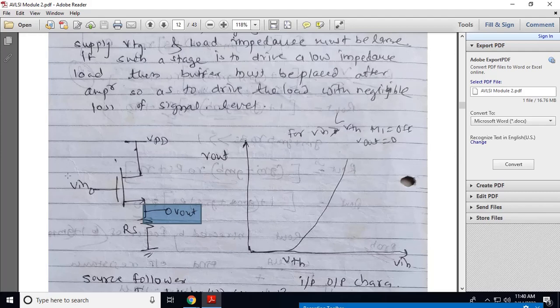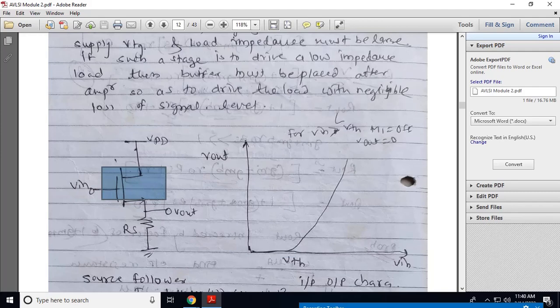Now see, we apply the input to the gate, the output is measured at the source, and the drain is common. When Vin is less than Vth, the transistor is off, there is no voltage, so the output voltage is 0. When Vin is equal to Vth, the transistor will turn on.